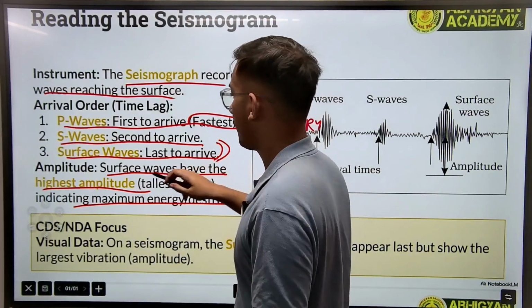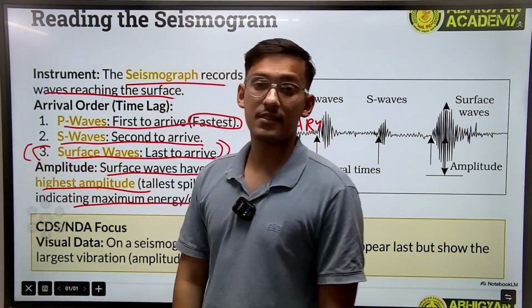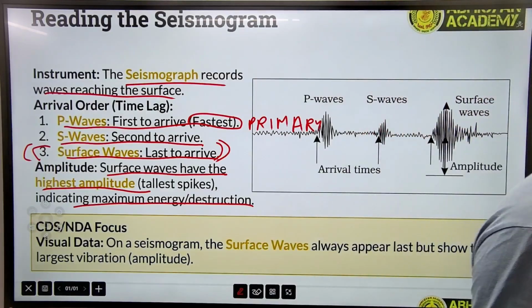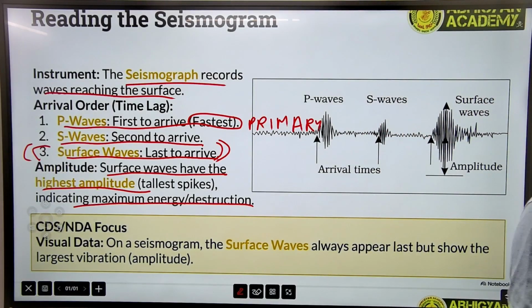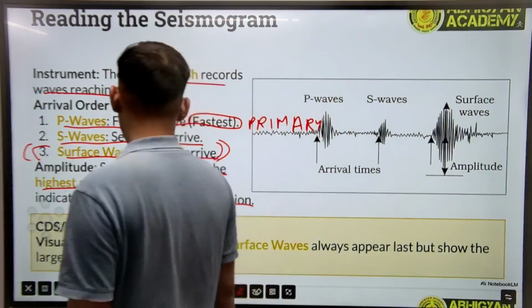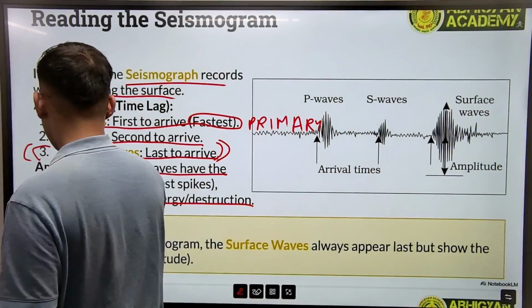So the surface wave has the maximum destruction and is the last to arrive. The P wave is your primary wave, the fastest wave. Then we have your S wave or secondary wave, and then your L wave or surface waves. Surface waves have the highest amplitude, indicating the highest destruction.